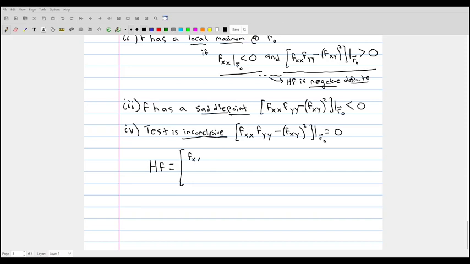So I'll do a little bit of a review here. Remember, the Hessian matrix is the matrix of the second partial derivatives for a given function. So it's fxx, fyx, fxy, fyy.